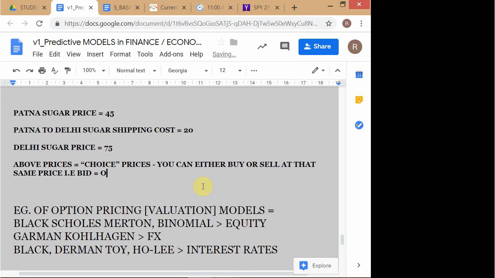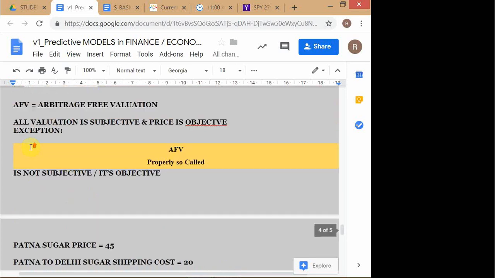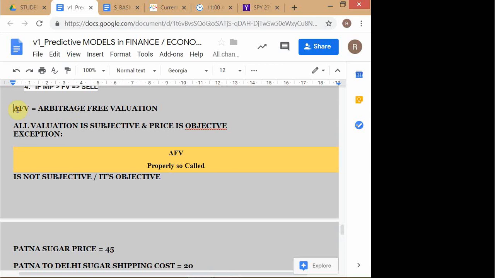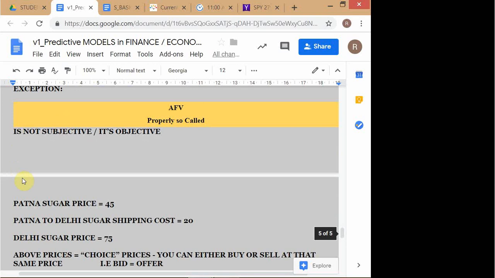Bid is equal to offer. That's all it means, but it's new lingo that you should learn. So let's assume that the above are choice prices. Now, first let's understand what is AFV.